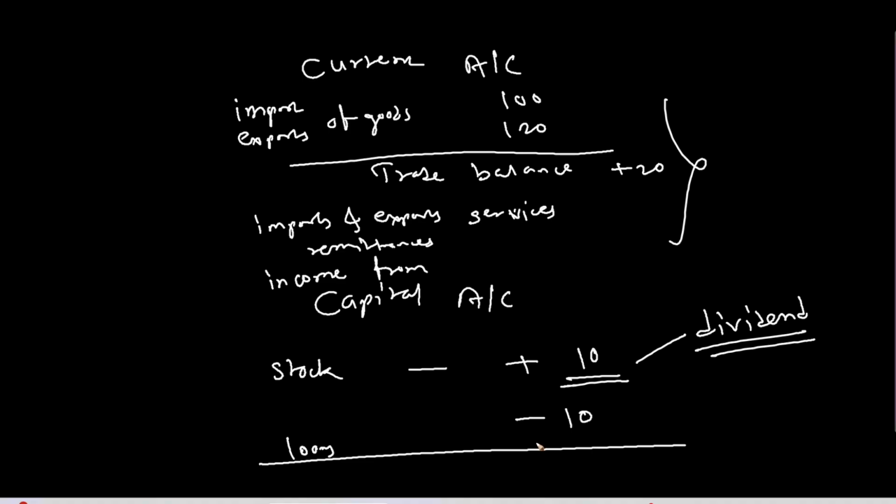And we have to remember that there is one accounting identity, that is current account plus capital account will always equal 0. So suppose there is a current account surplus of $120 billion, then automatically there will be a capital account deficit of $120 billion. Okay.